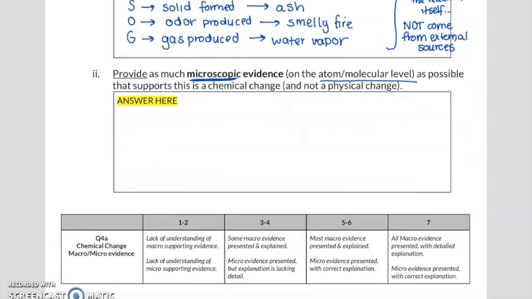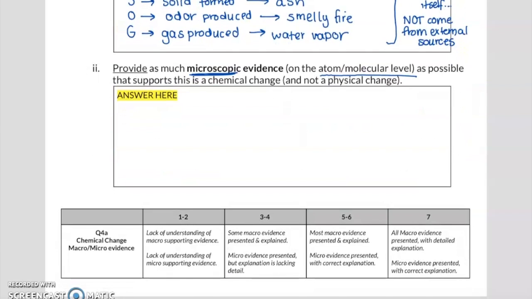In other words, they did not come from any external sources. Taking a look at the rubric for Part A, if you got some macroscopic evidence and you explain that evidence, something like mentioning that there was a fire, that would have earned you a 3-4. If you went deeper and you got most of that macroscopic evidence and you explained how it relates to the Hindenburg, that would earn you a 5-6.